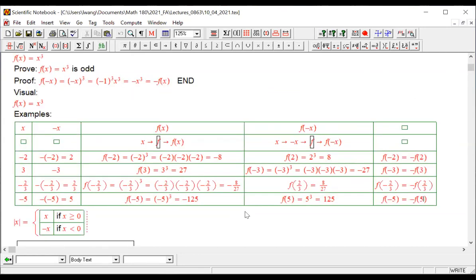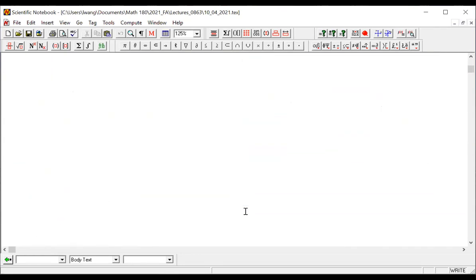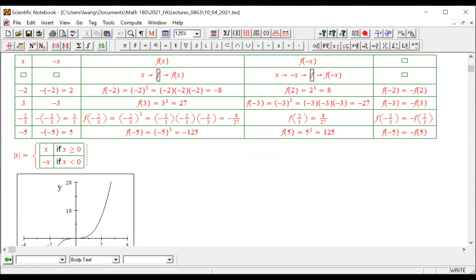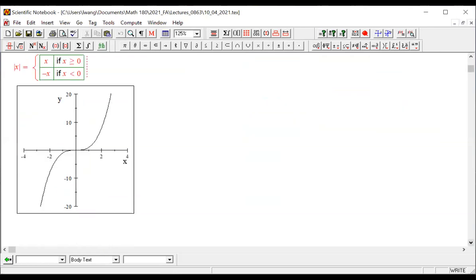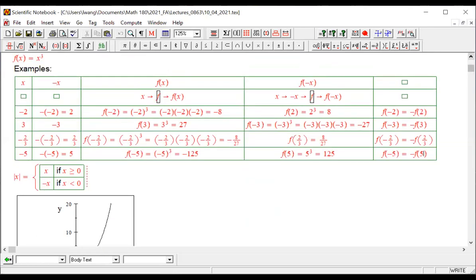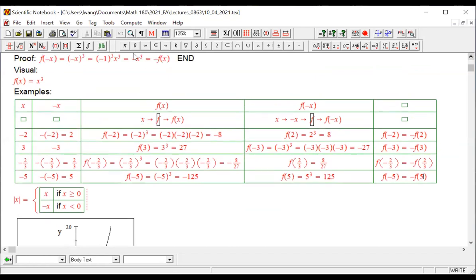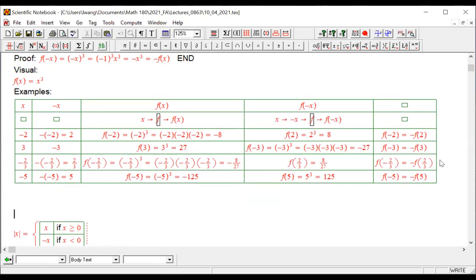Okay, so for odd function, we observed whenever. Where else did we learn about whenever?